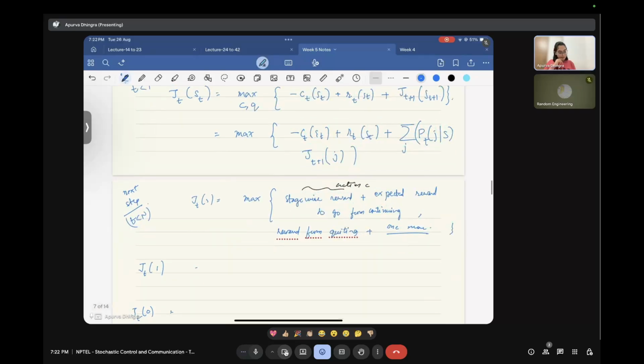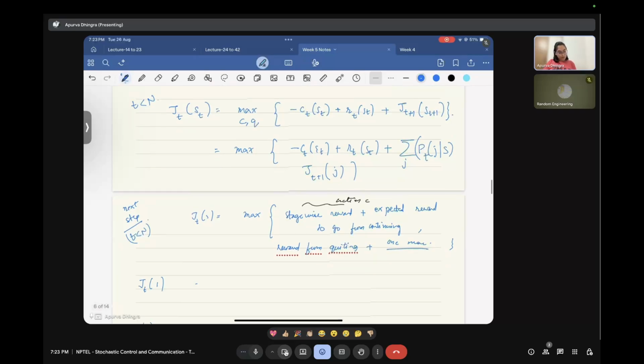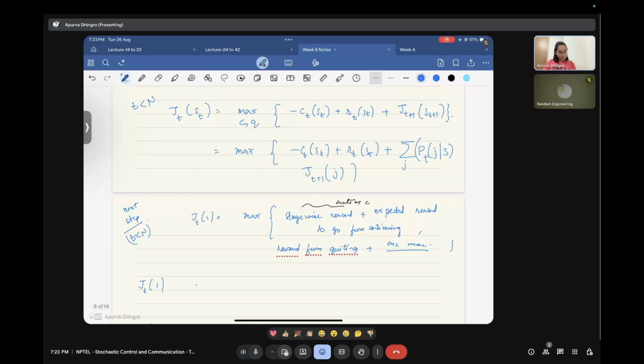Okay, wait a minute, this is a little unclear. Okay, sorry. Here, depending on what action you choose, you don't get both of these together, right? If you have chosen to continue, you don't get a reward. But if you have chosen to quit, that's when you get this reward and you don't have a cost. So those two should have been split up.